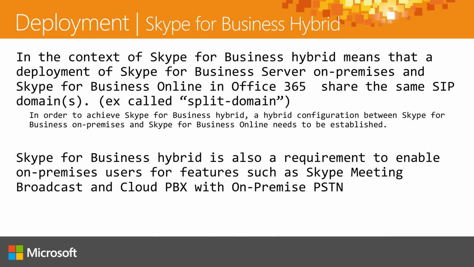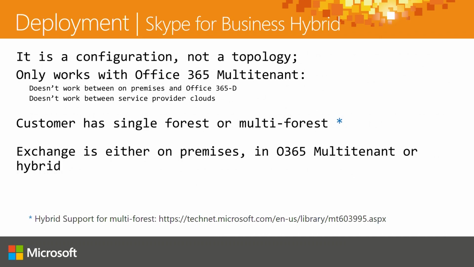You basically extend your domain and start supporting Microsoft.com, let's say, as a SIP domain supported by Skype for Business on-premise and by the Skype for Business Online service. It is a requirement to enable some of the specific online services. As we said, it is not a topology, it is a configuration, and it has very specific limitations.